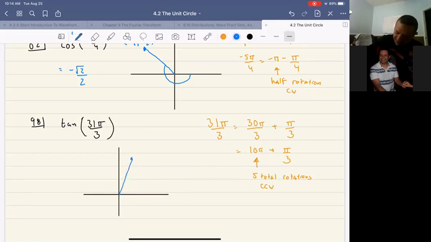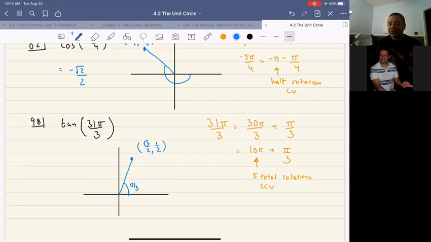Pi over 3 is more like that. 60 degrees. So that's going to be on the upper side. And I know that it's going to take some time to get used to. Square root of 3 over 2, 1/2.